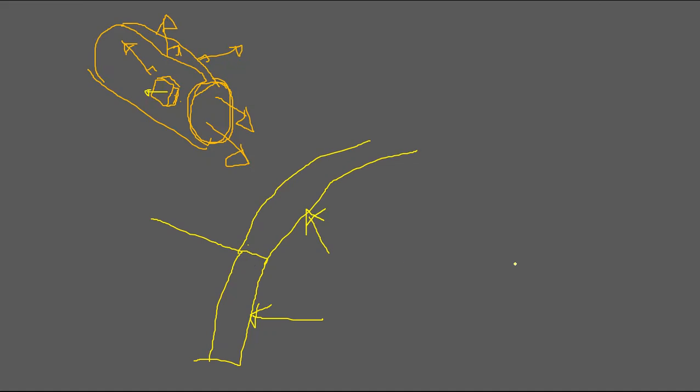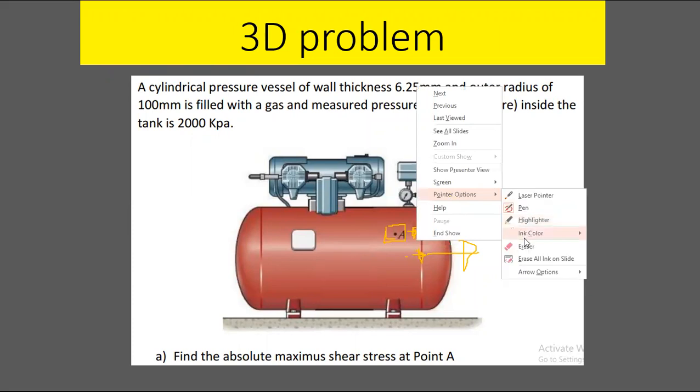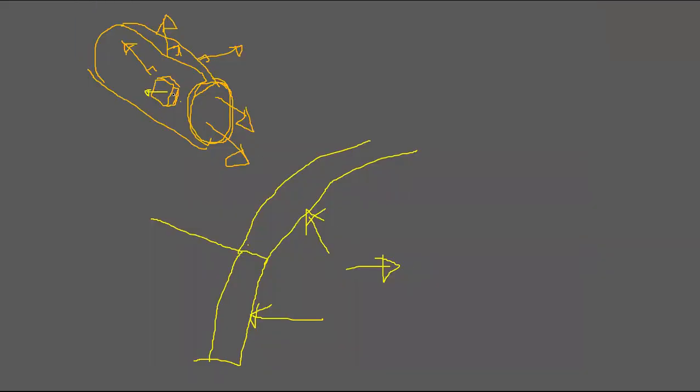So this is not the stress on this element, it tries to push it. This is the stress along that element in the axial direction. So this is the axial stress, and that will be occurring in this way. It tries to pull this wall.